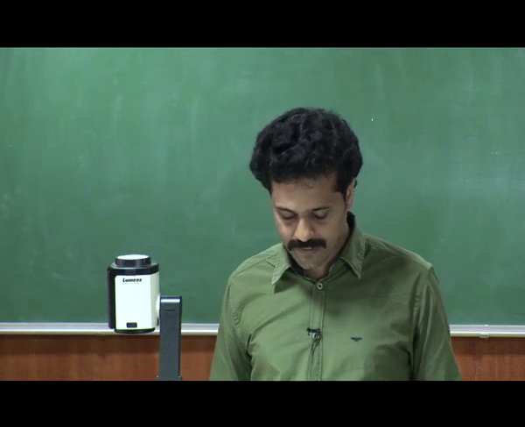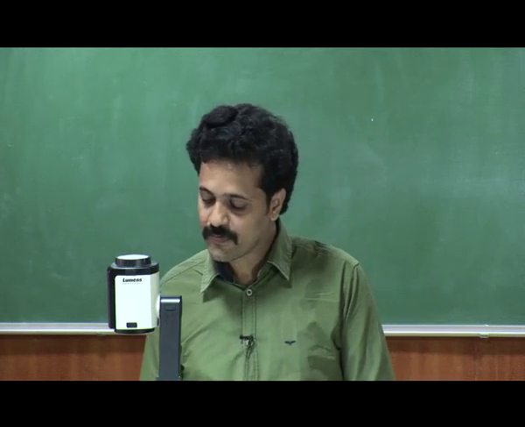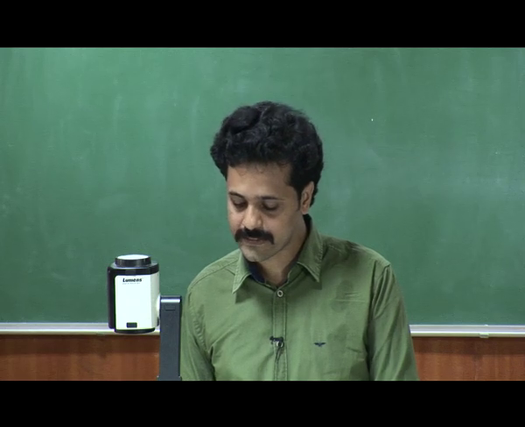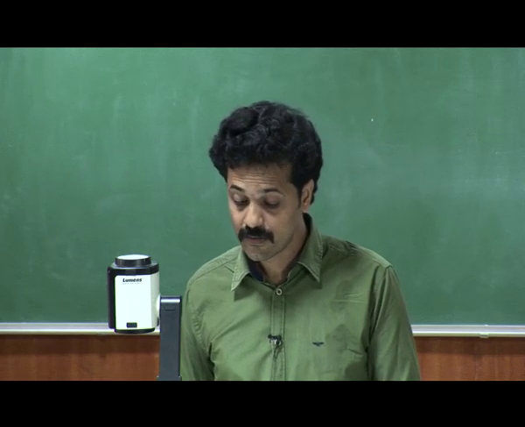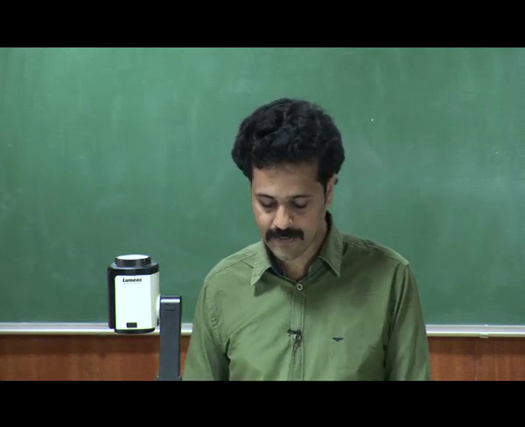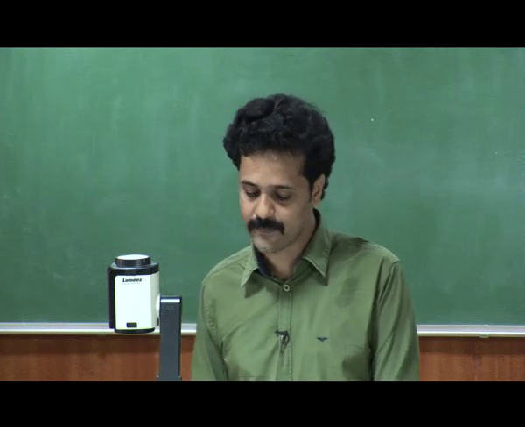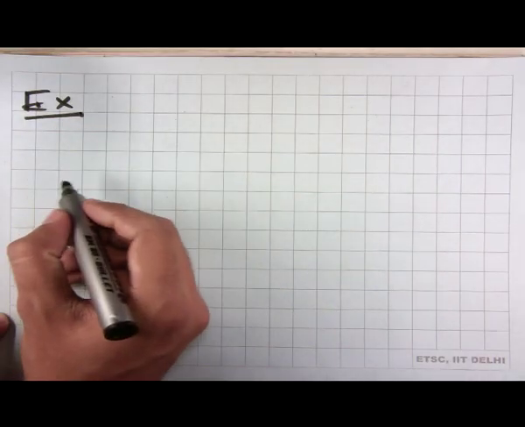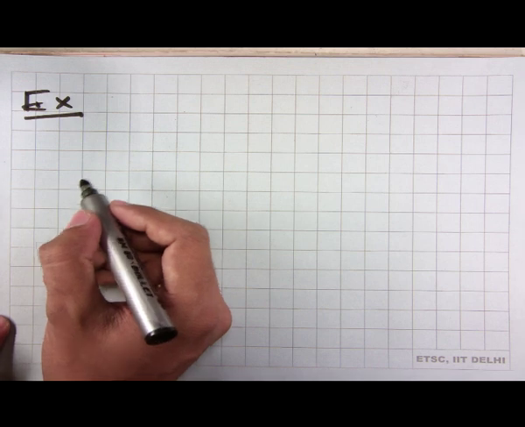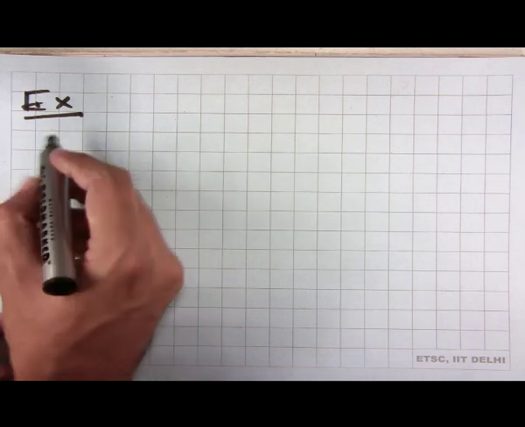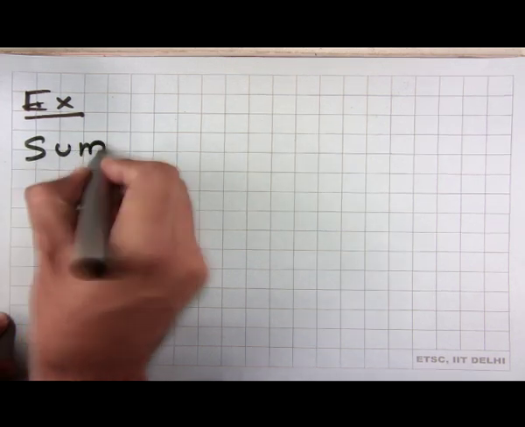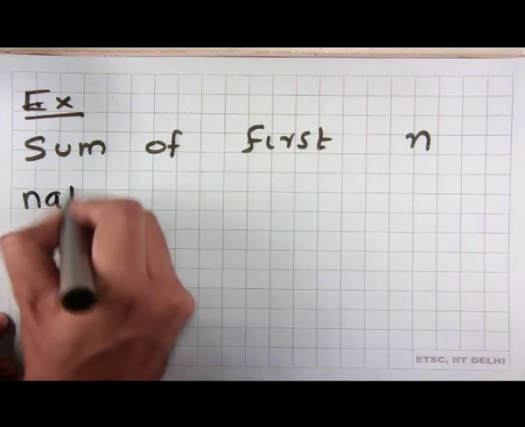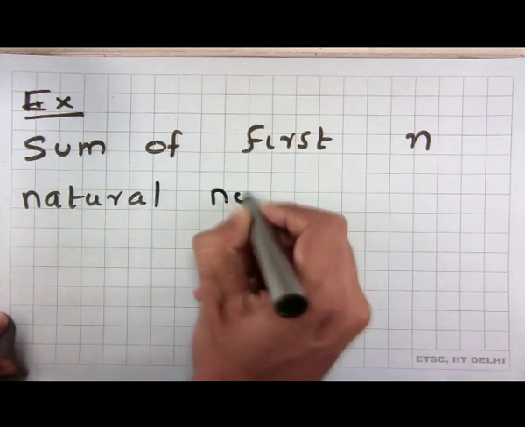The first set of examples, we will use mathematical induction to arrive at some summation formulas. To be more clear, not arriving at a summation formula, we are going to prove some summation formula using mathematical induction. Do you recall the first example that I told for a statement involving natural numbers? The example was sum of first n natural numbers is n into n plus 1 by 2.